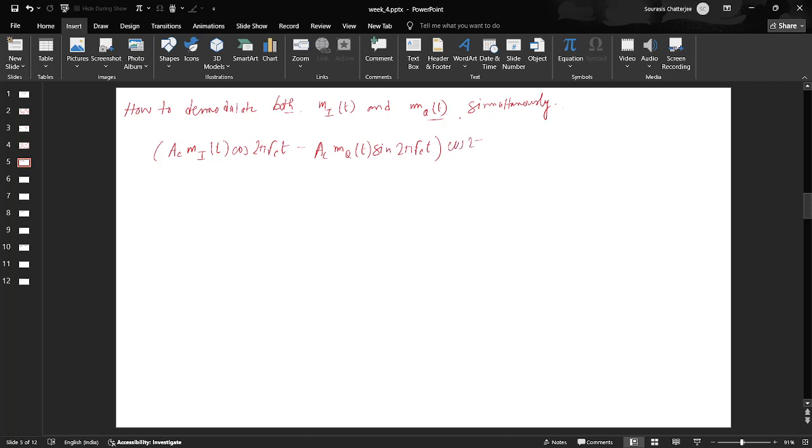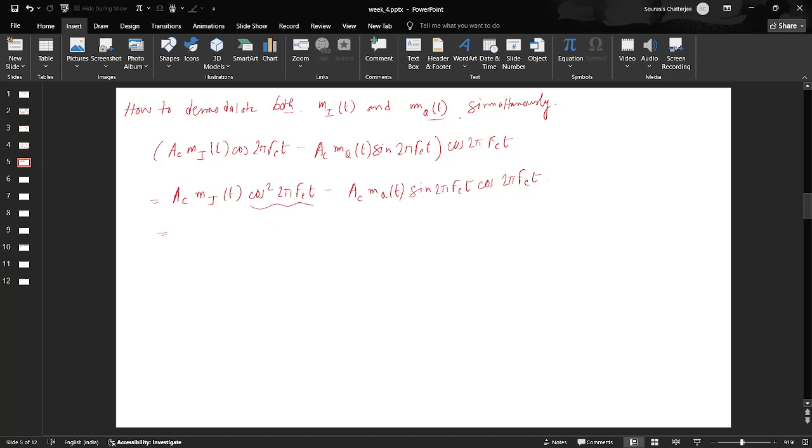Let us multiply it with cos 2 pi fct and see what we get. Here I will have AC MI(t) cos square 2 pi fct minus AC MQ(t) sin 2 pi fct cos 2 pi fct.